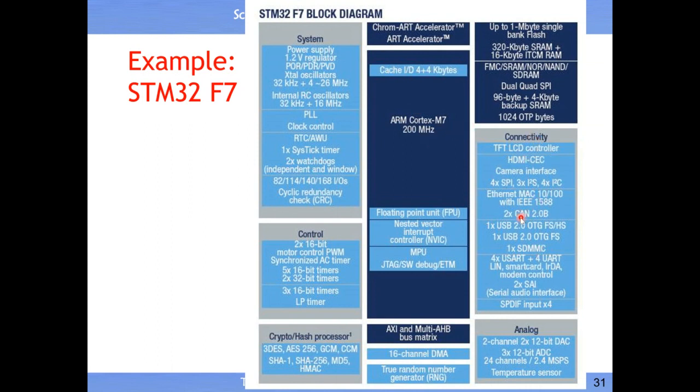You'll see the connectivity, that means data communication. Later on, you will know terms like USB and UART, and there is even a camera interface, for example, and internet support with TCP/IP. Then in terms of control, we have a timer and motor control PWM, then the AC timer. Then also the interface with analog sensors. So you can attach a lot of sensors there, etc.